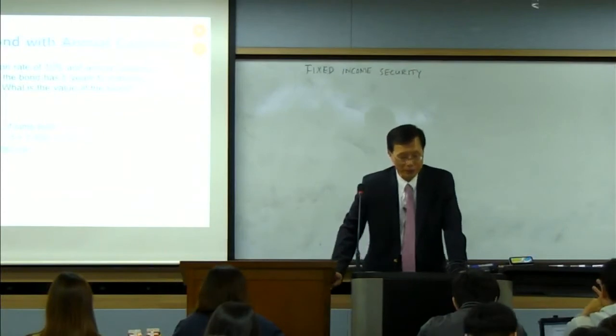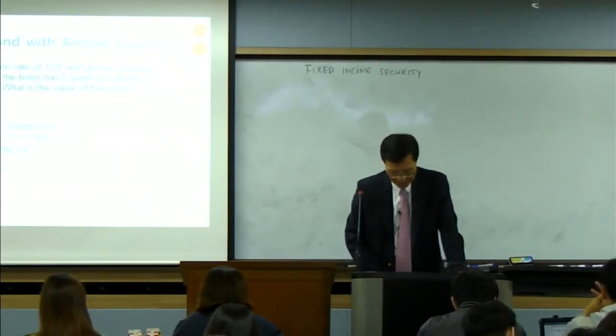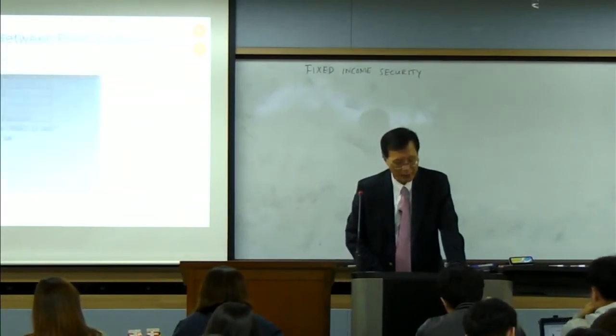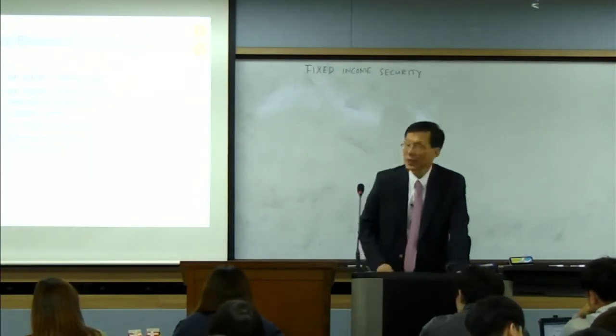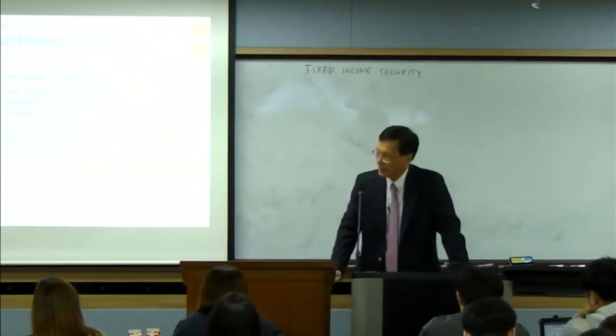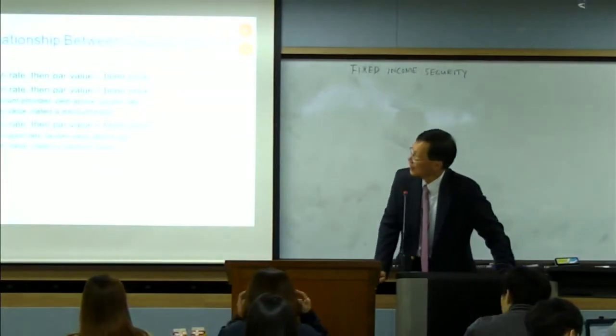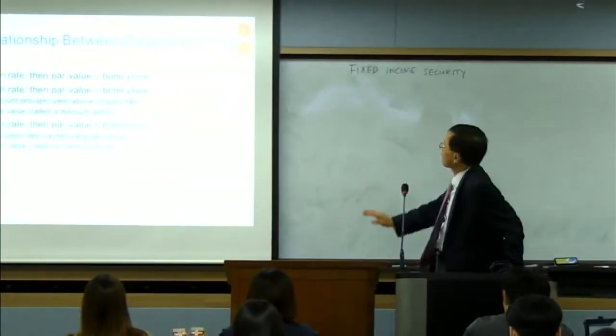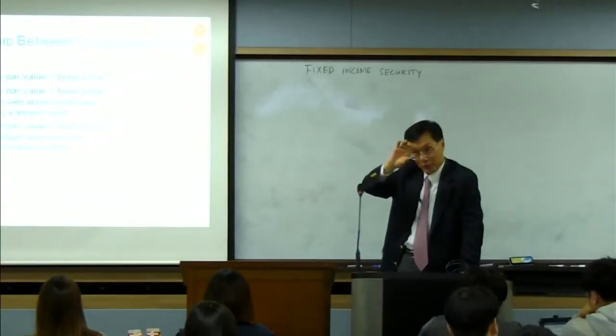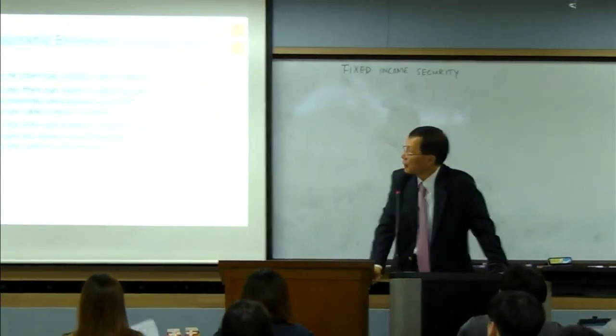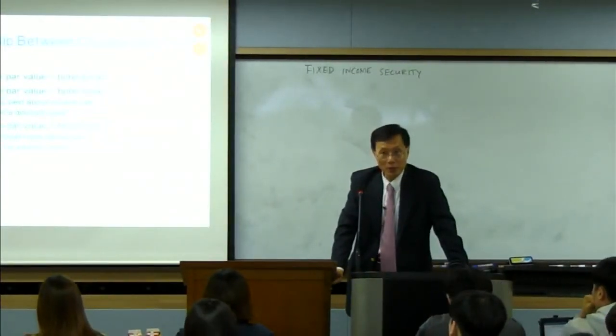We talked about valuing a discount bond and a premium bond, and we came up with the following regularities. If yield to maturity is the same as the coupon rate, that fixed income, then par value is the same as bond value.